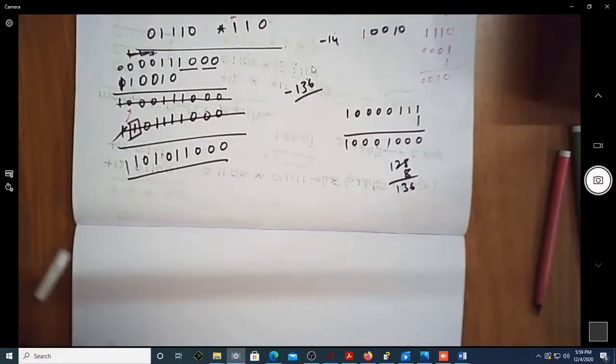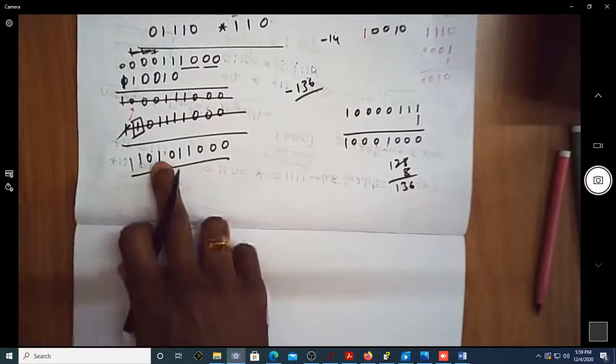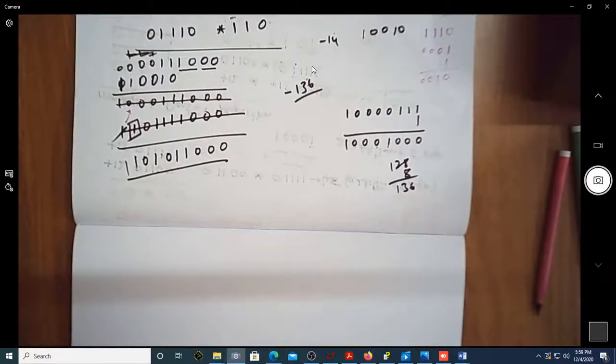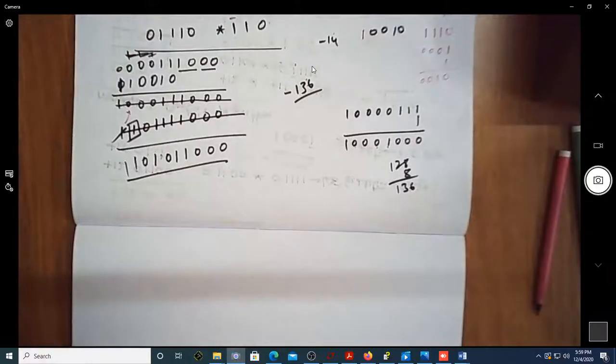So it is now 128 plus 128 plus 32 plus 32 plus 32. So this is 8 plus 16 plus 32 plus 128. 184.